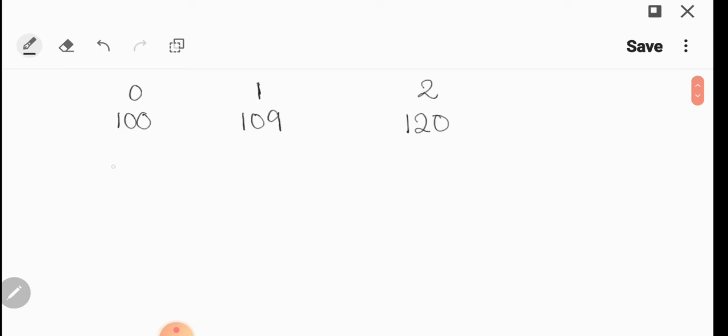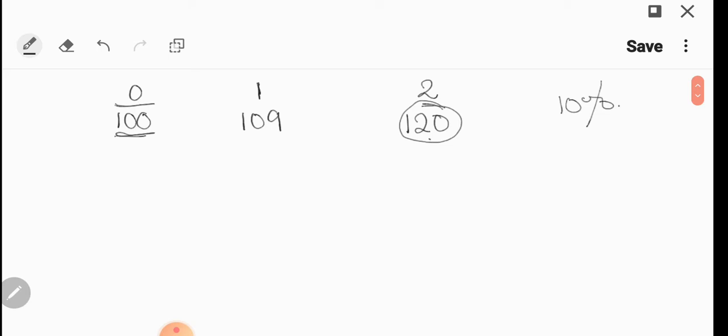Now if you're just interested in the amount, you will say, okay, the 120 amount is the largest amount, so I'm going to go for this. But according to time value of money, when you get the amount is just as important. So this 100 over here, let's assume that it can be invested at the 10% rate.